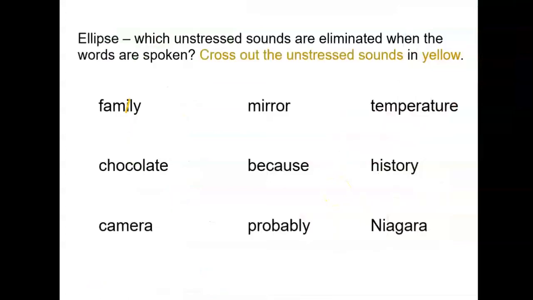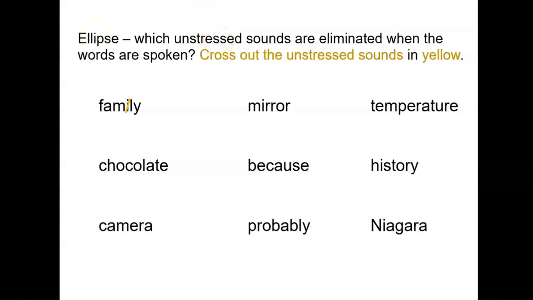Great. I just want to come back and look at a couple of words that are like that word interesting and comfortable. These are words that have an ellipse. It doesn't really matter what that is called. You don't have to memorize ellipse. I'm never going to ask you about that. But these are unstressed sounds that are eliminated when the words are spoken.